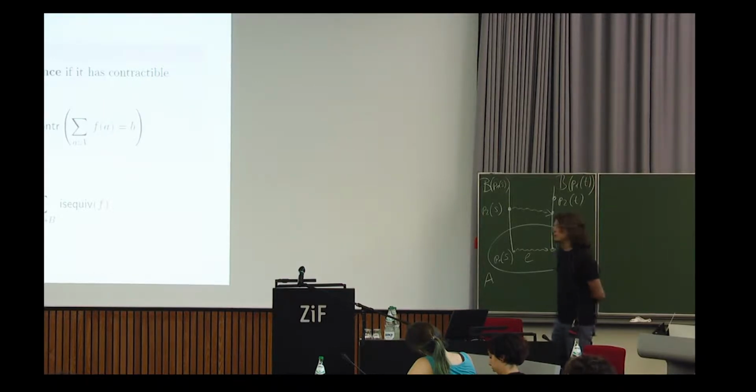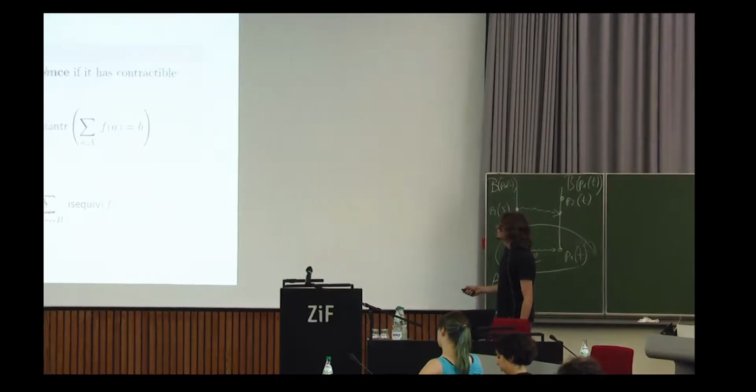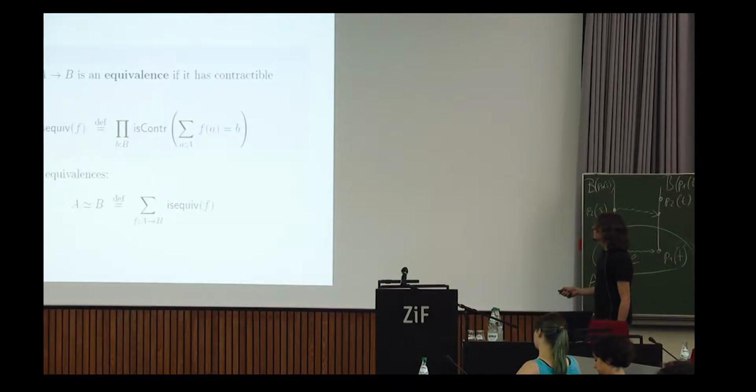So here, in order to define what an equivalence is, we start out with what a map, a morphism, is, and then it is important that being an equivalence is a proposition.